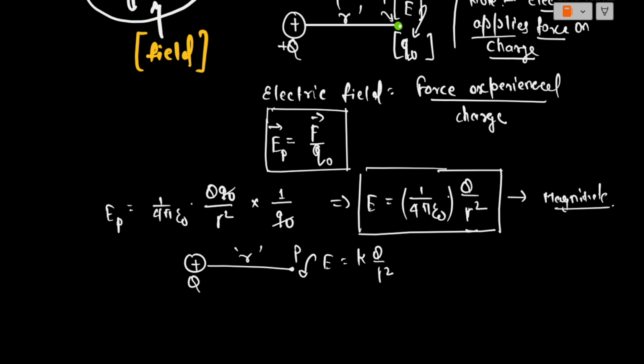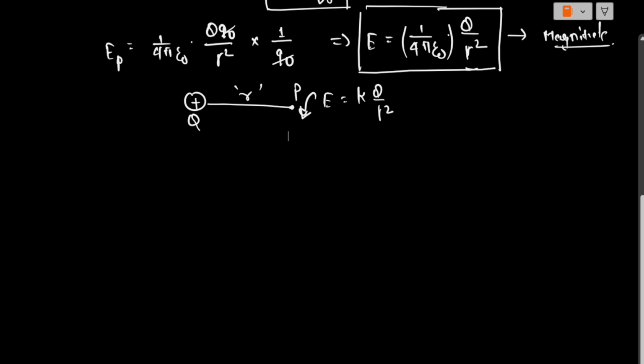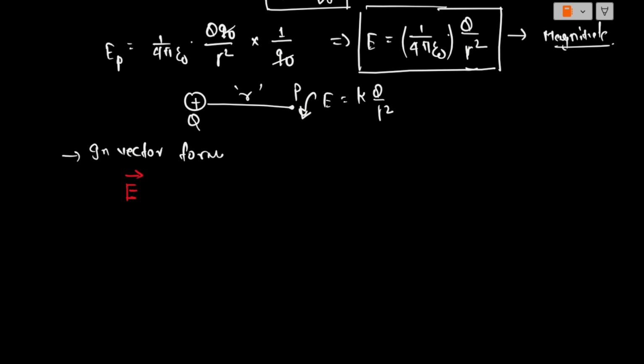Now we can write this electric field in vector form. So in vector form, the electric field, which we take as a vector, is equal to 1 over 4 pi epsilon naught Q over R square.